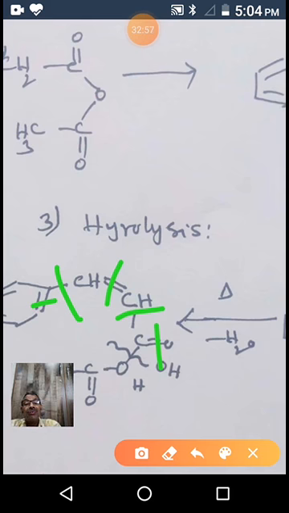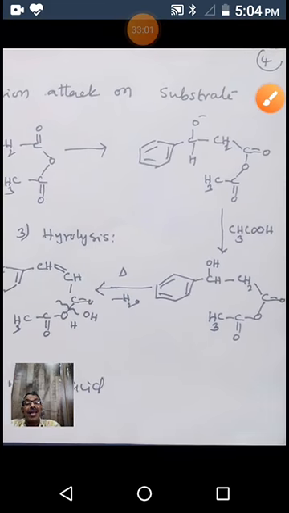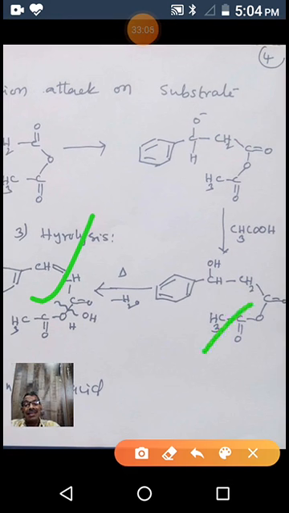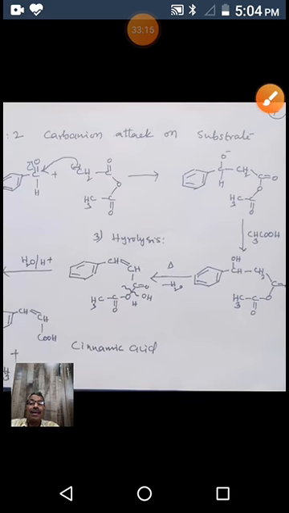This is the driving force for this reaction. We can say this compound is more stable than this, because it has extended conjugation. That's why if you supply a small amount of heat, it readily undergoes dehydration, forming this type of ester.